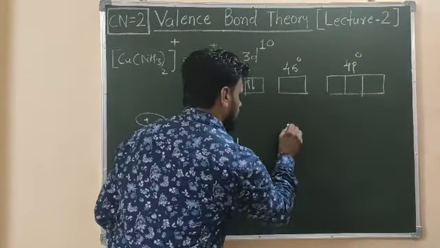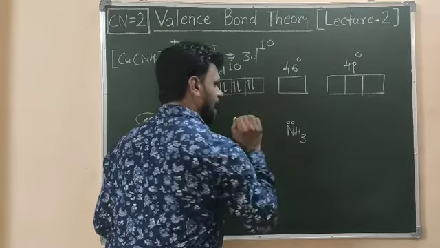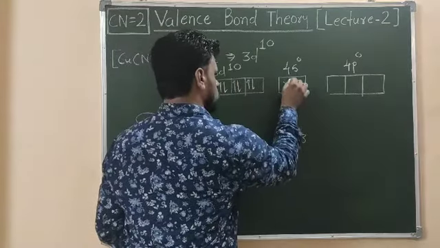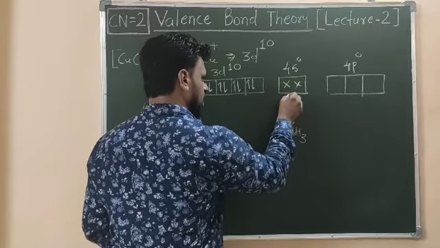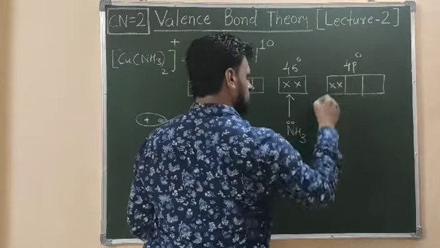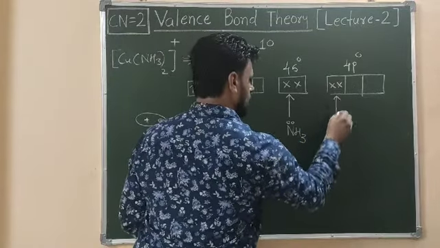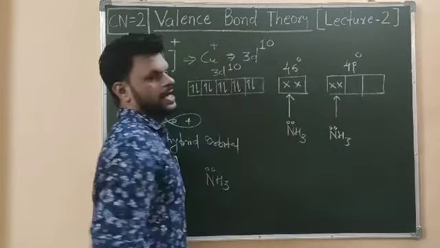So this is NH3, and nitrogen has a lone pair, and this 2 star means I am giving 2 electrons, and this is how the ligand gives electrons to the hybrid orbital. Again, 2 star means 2 electrons, and we have the NH3 ligand.